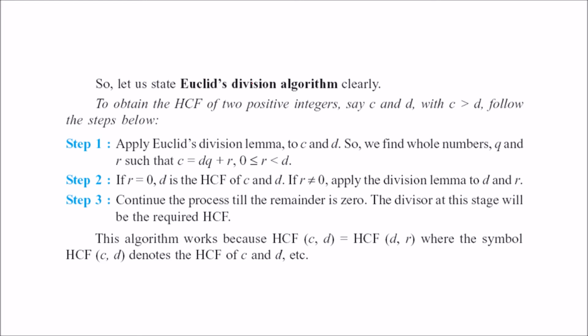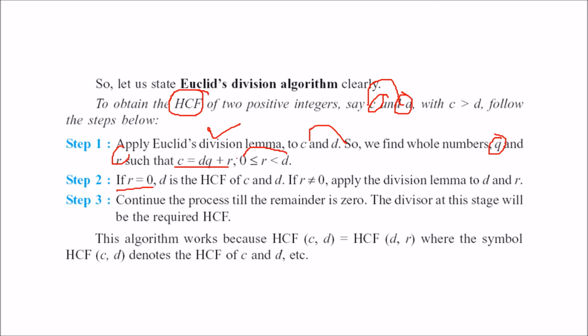The algorithm can be discussed stepwise like this. If you wish to obtain the HCF of two numbers, say c and d, where c is greater than d, then we apply Euclid's division lemma to c and d, and find whole numbers q and r such that c is equal to dq plus r, where r lies between 0 and d.